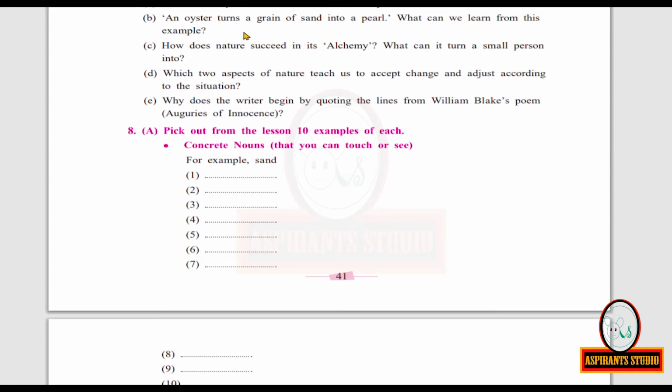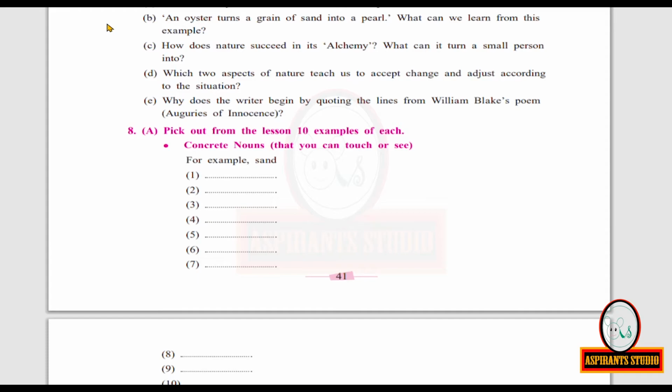So the next question. An oyster turns a grain of sand into a pearl. What can we learn from this example? Right. Answer.